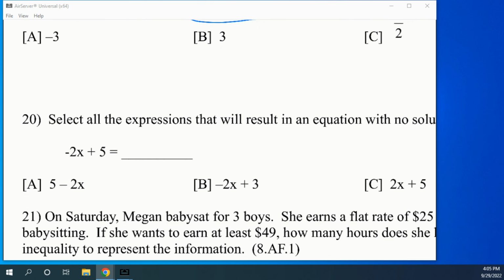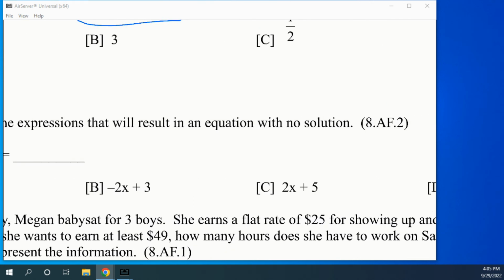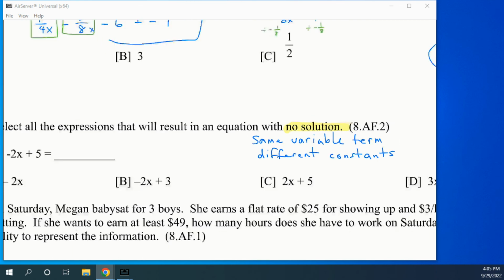Select all the expressions that will result in an equation with no solution. So no solution is kind of what we are looking for here. That means the same variable term and different constants.